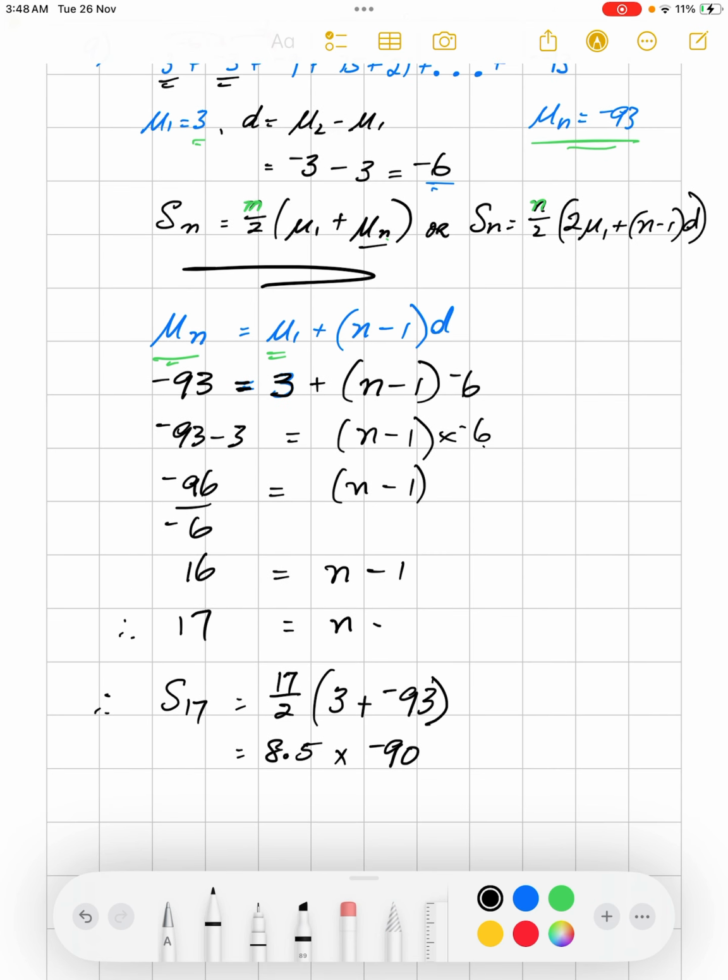And so positive times a negative is a negative, and 90 times 8 is about 720. So we're looking for a number about 720. 9 5s are 45. 9 8s are 72. 765. So the answer will be, the sum of that series is negative 765.